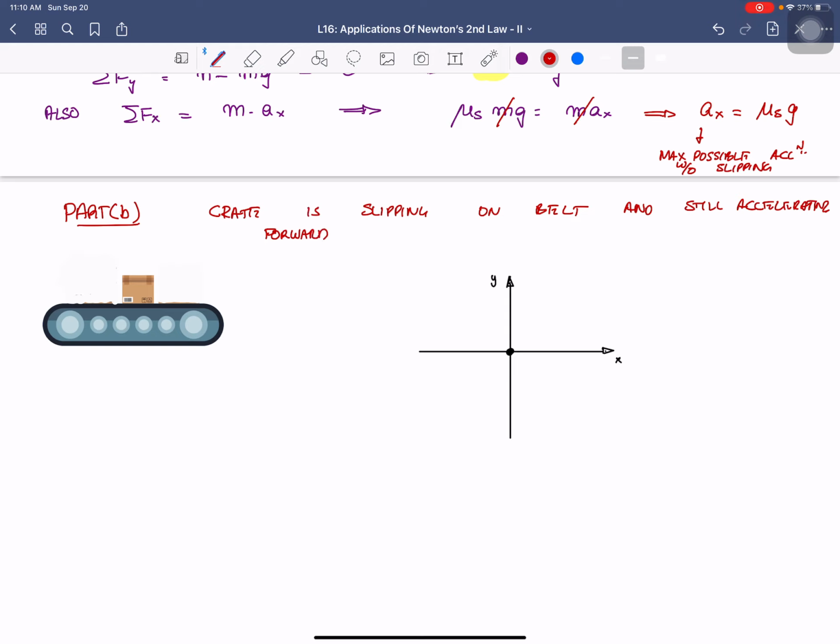And here again, what we are supposed to determine is the x component of the acceleration.